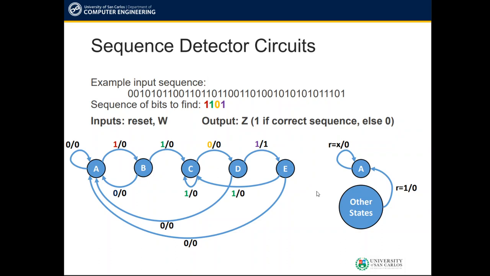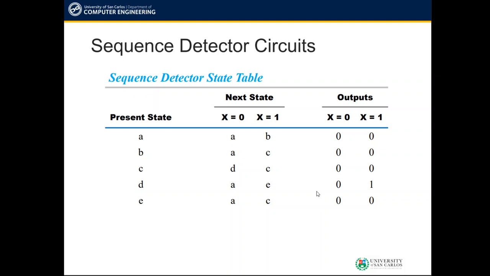So after this, we translate the state diagram into a state table. So this is now the equivalent state table. And then we try to reduce this if there is anything that we can reduce.